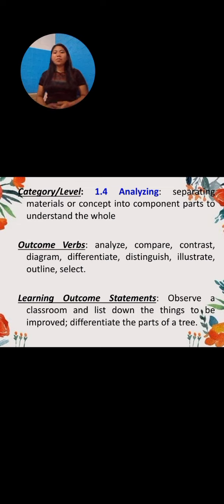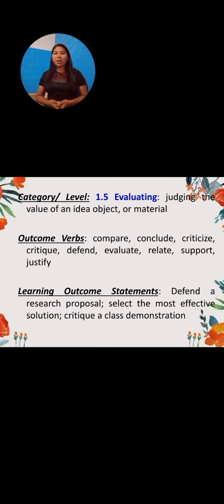For its outcome verbs: analyze, compare, contrast, diagram, differentiate, distinguish, illustrate, outline, and select. For its learning outcome statements: observe a classroom and list down the things to be improved, and differentiate the parts of a tree.